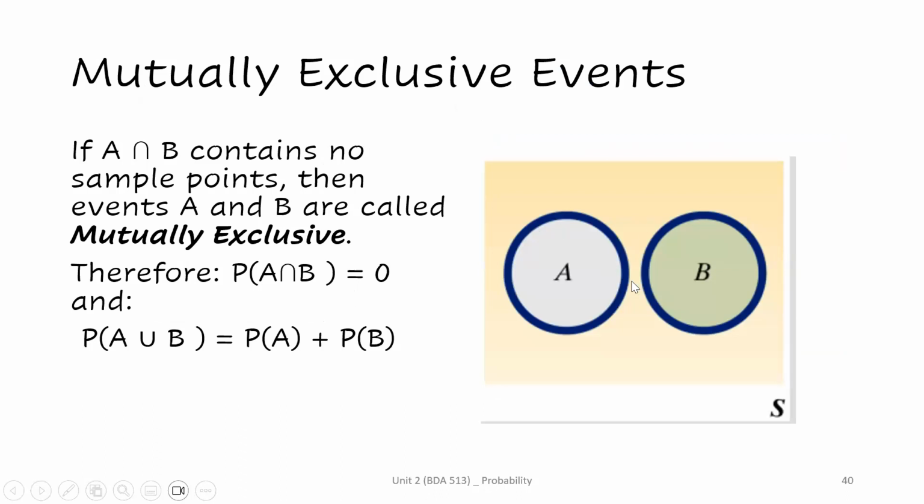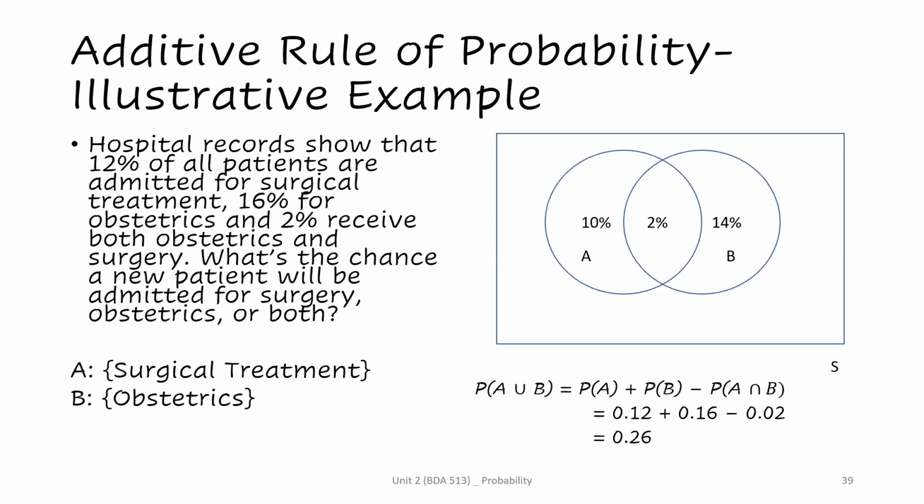Where there is an intersection, there is a need to remove the probability of A intersection B. Yes, Muslim, asking a question. Please, can you go back to the previous slide, the one we used for the example? In this case, when you have a complement, a group of people who are not part of either, how do you incorporate it in the formula?